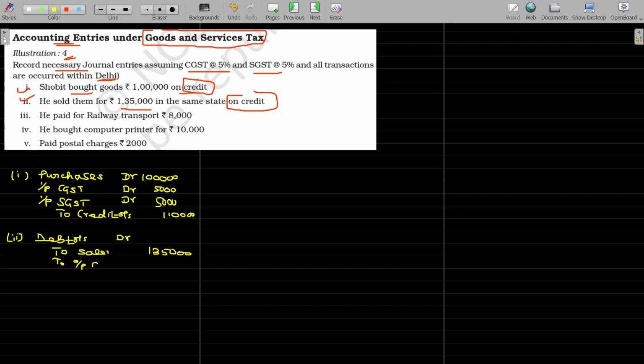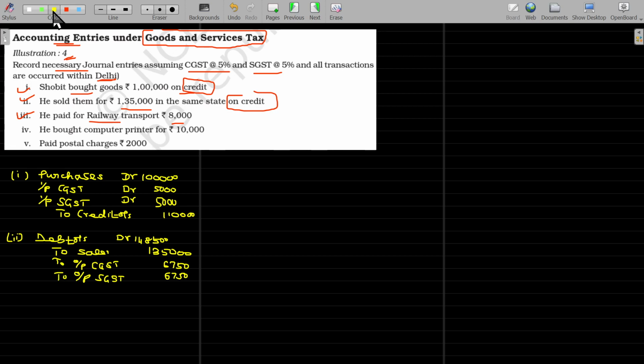So output CGST and output SGST. At the rate of 5% on 1,35,000, the value being 6,750. In total, the amount recoverable from debtors being the summation of all this value, 1,48,500. This is over.